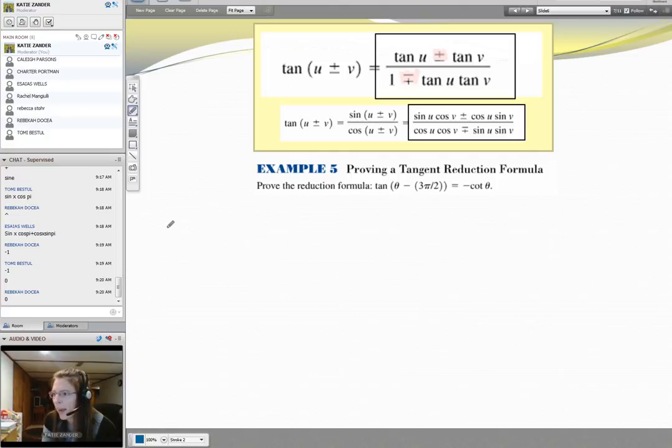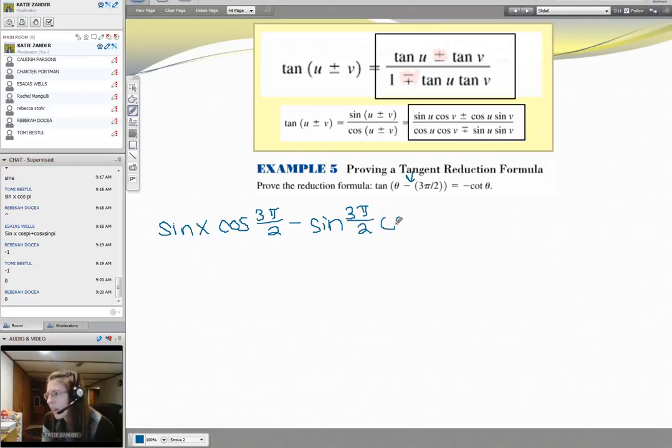So just keep in mind that you can replace your variable with your theta here. So I'm going to start with sine of x times cosine of 3 pi over 2. We are doing subtraction here, so I do want to use subtraction in my numerator. And I'm going to flip these around now. So sine of 3 pi over 2 and cosine of x.